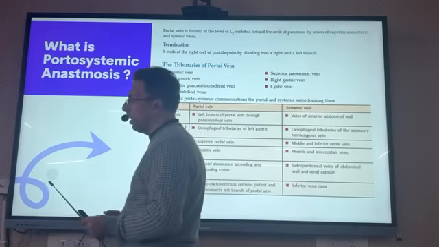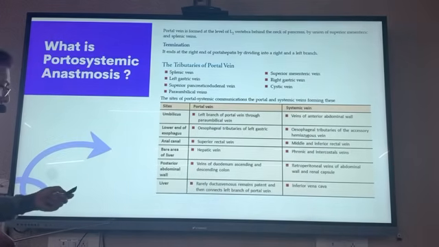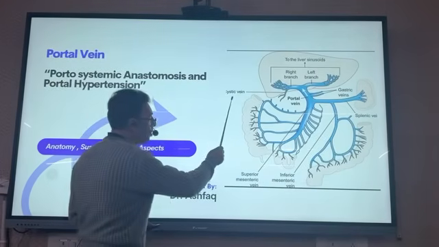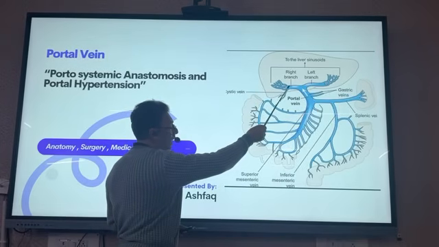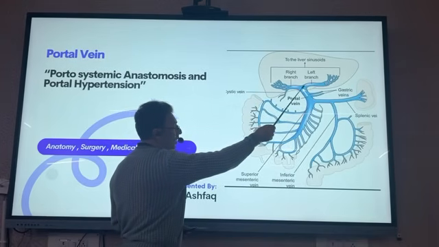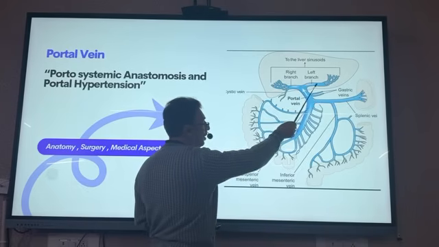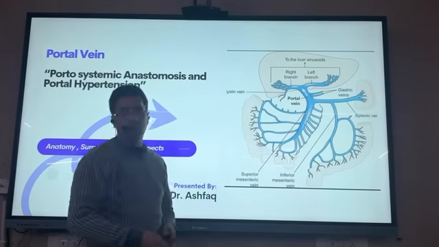These are some of the important tributaries of the portal vein, and I will go back as well so that you have the cystic vein, as I told you just now. It is merging into the right branch of the portal vein. These are the left gastric veins. Sometimes they go in relation to the left branch of the portal vein, or sometimes they directly drain into the portal vein itself.